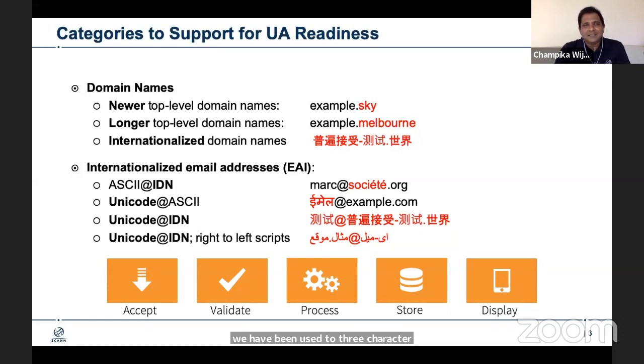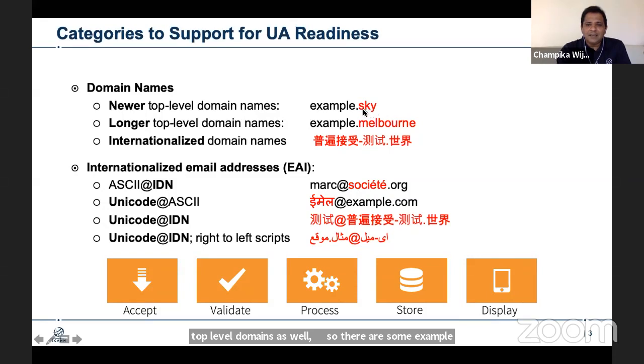But since 2012 or so, we have had new generic top-level domains, or what we call new TLDs. And these new TLDs also consist of some of the longer top-level domains as well.